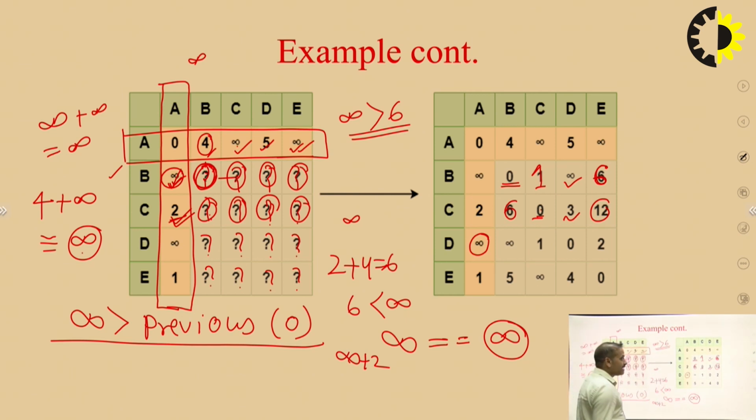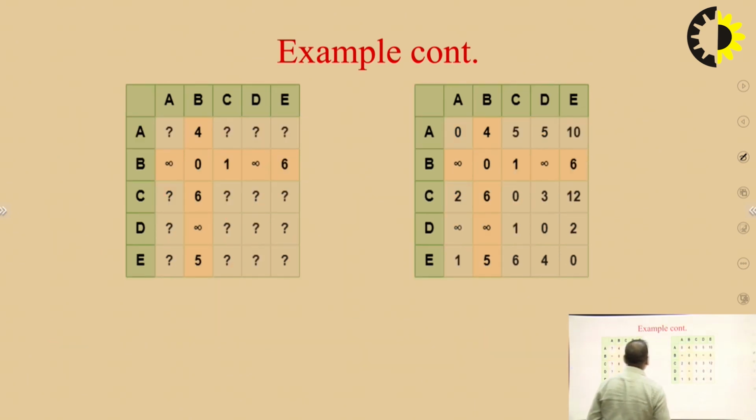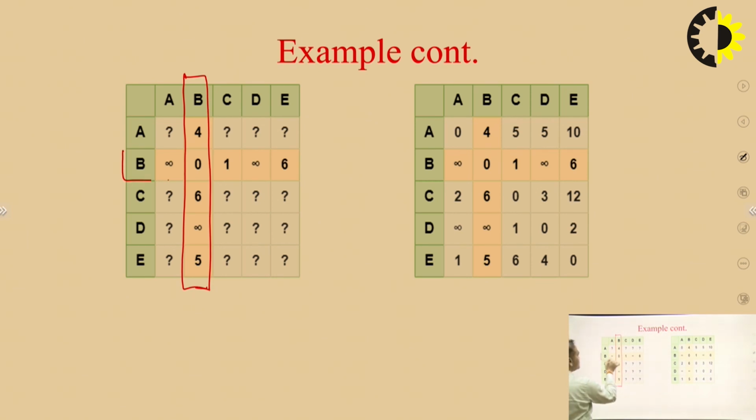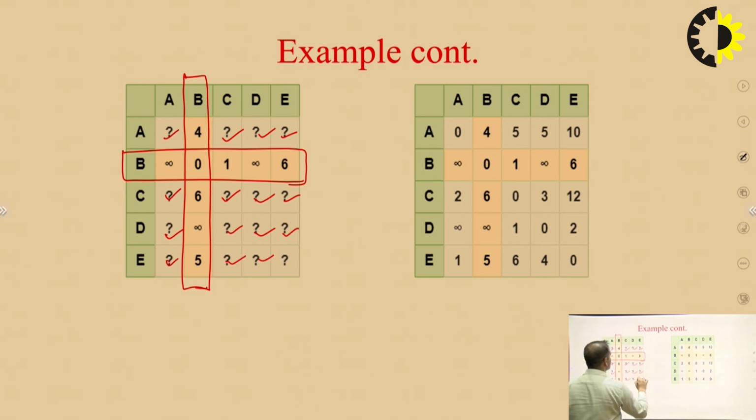In the next step, we copy the value of the second column and second row as it is. Then we have to find the value of the remaining cells by using the 2nd column and row. By using this, we find the value of this cell and the remaining cells also.